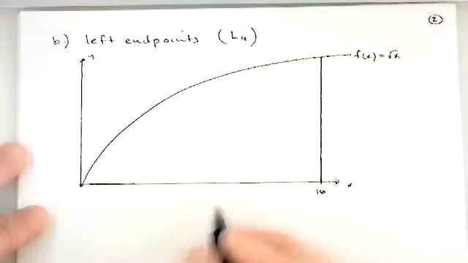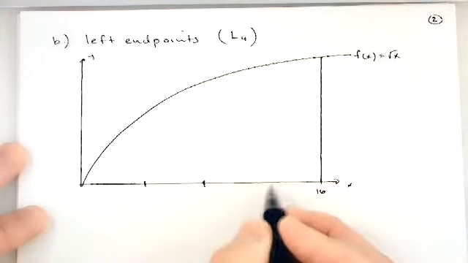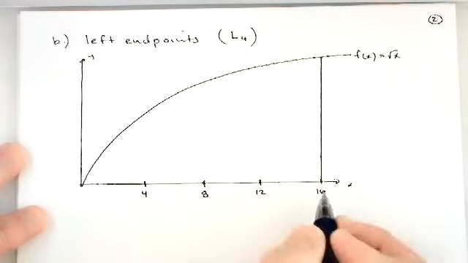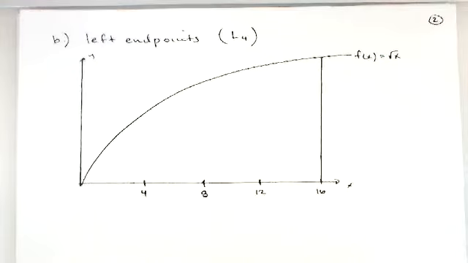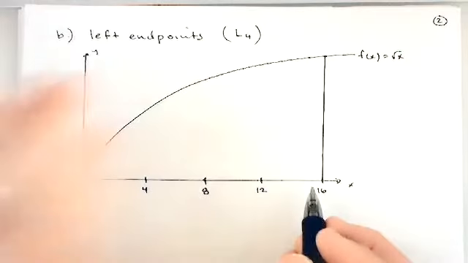Because we're using 4 rectangles, we're going to have the same numbers here: 4, 8, 12, and 16. I think it's going to be less confusing if I start on the right.